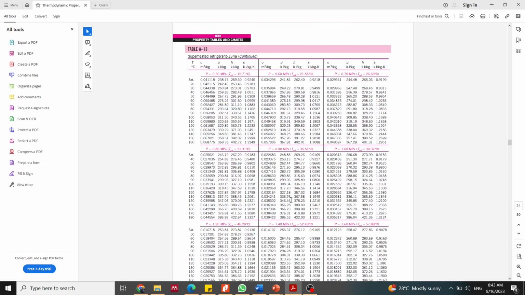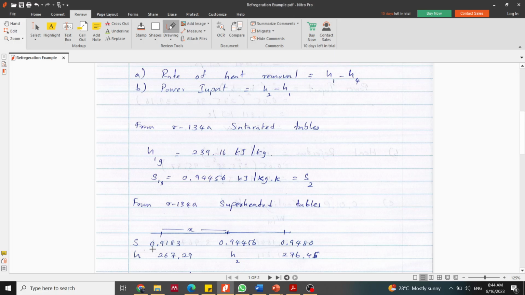This is the pressure we are interested in, and our value 0.944 should be between these two values.